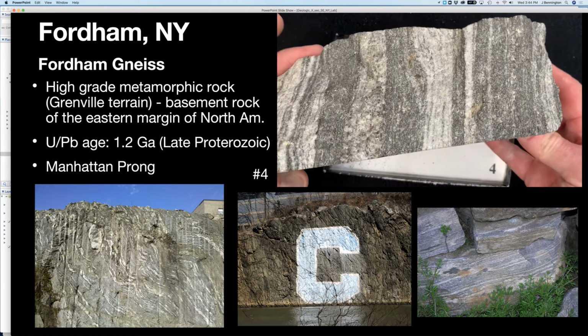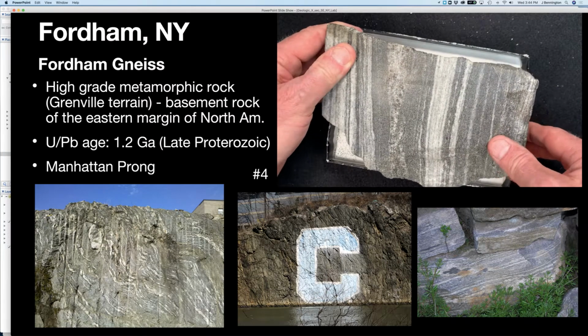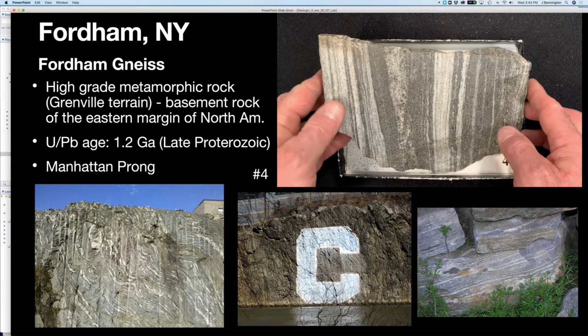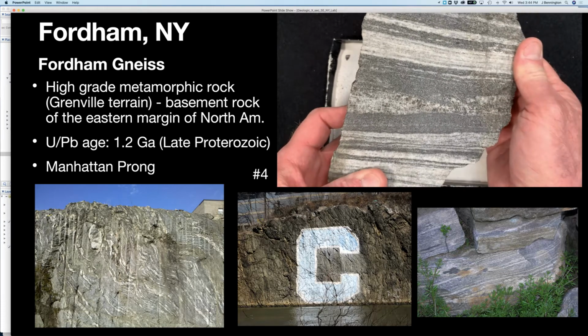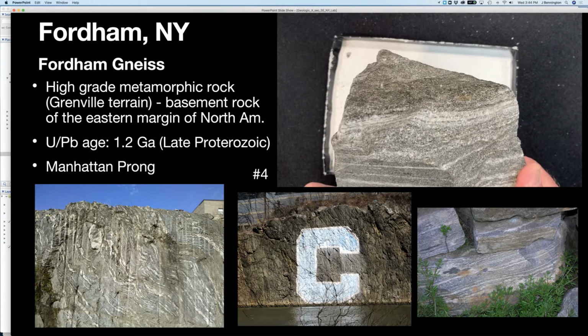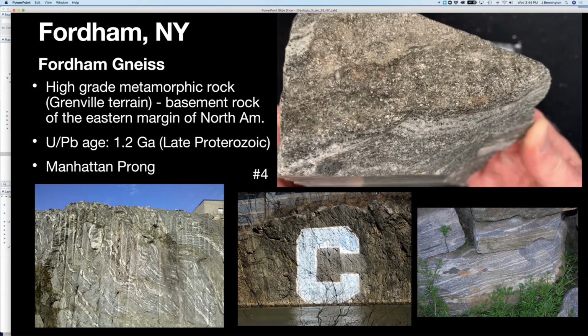This is the rock that forms the foundation of the eastern part of the continent. It's called Grenville. We talk about this large region of metamorphic rock under eastern North America. We call it the Grenville terrain. And it's deeply buried in most places, but it pops up to the surface for various reasons here and there.